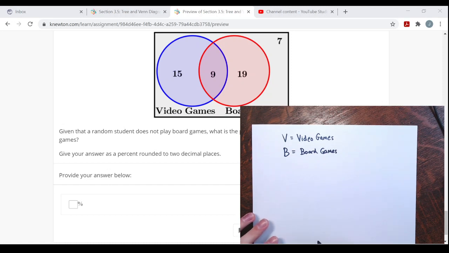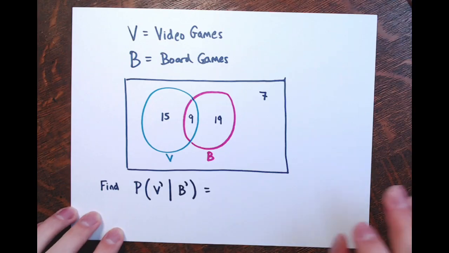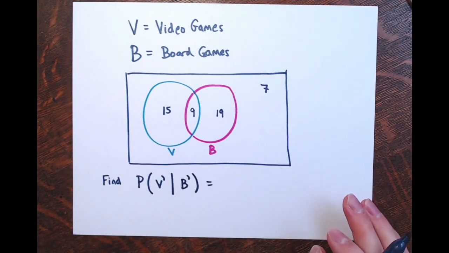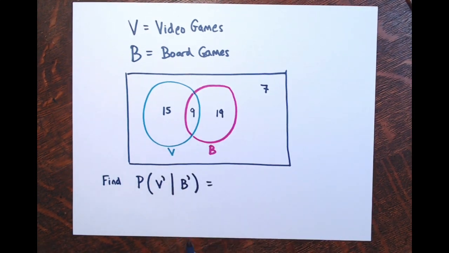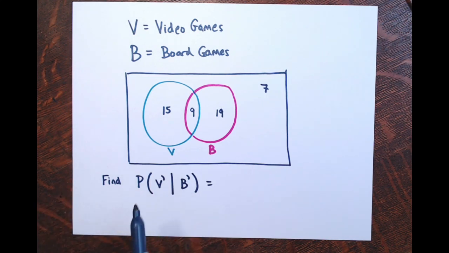So the question is, let me get rid of the paper here again. Given that a random student does not play board games, what is the probability that the person also does not play video games? Okay, so I'll actually pull that up on a bigger sheet, fill the screen up with a drawing of the Venn diagram as well. Okay, so I've drawn it up here. Same diagram. We're asked to find, they said given, right?